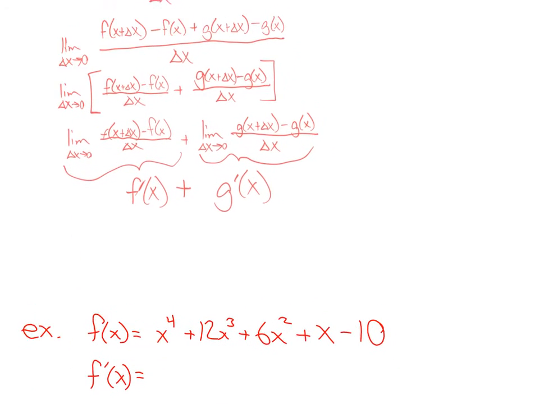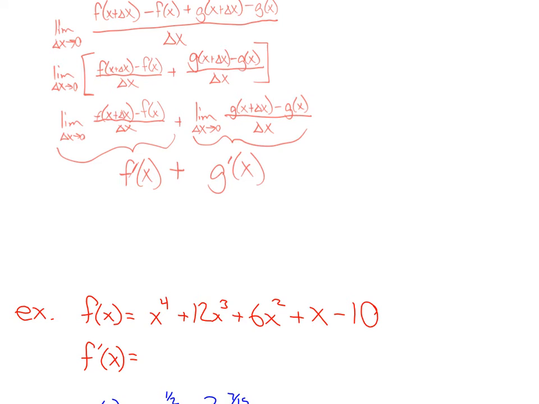Now, that may seem a little bit trivial, but the fact of the matter is, without this simple rule, we wouldn't be able to find the derivative of a polynomial like this. I'm only going to write it out this way once, but you will see the trend here. I have this polynomial.